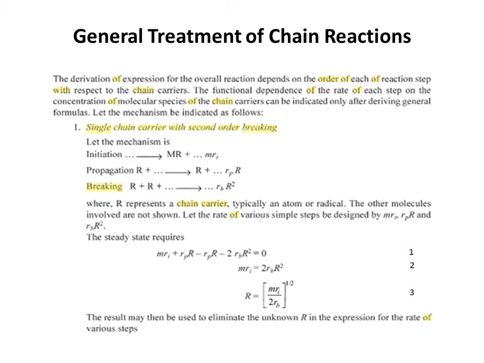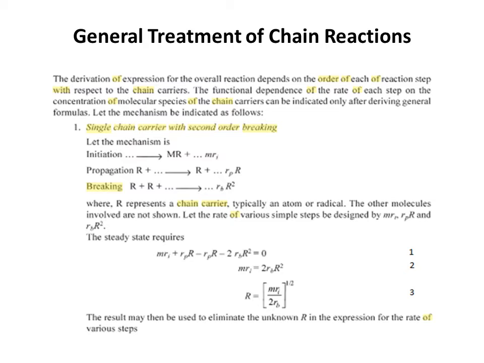This is equation number 3. The result will then be used to eliminate the unknown R in the expression for the rate of various steps. Now the value of R can be put in other reactions, and we can eliminate R in various steps.